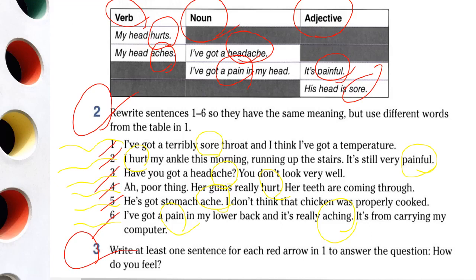Just go back to the previous slide and see which part of the human body exactly the red arrow refers to. So please, this is your first assignment for today, and I'm going to wait for your conversations on our WhatsApp group. So let's move on.